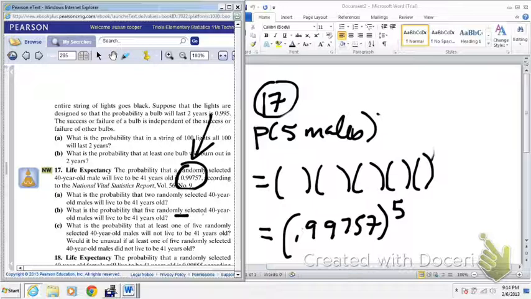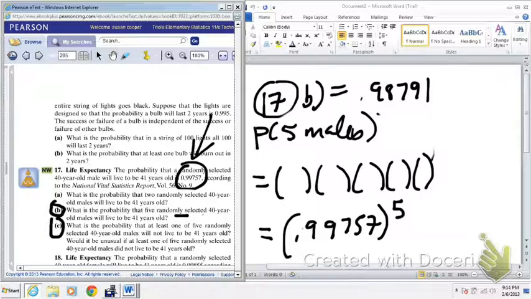And depending on where you're rounding, 0.98791. Okay? So basically the answer to part B then would be 0.98791.